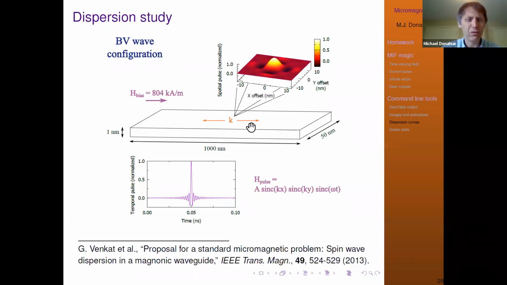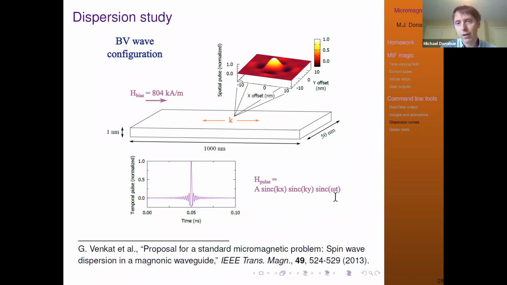They gridded it up into, I think, 2 nanometer cells in plane, 1 nanometer out of plane, so it's just 1 layer thick. They start in a relaxed condition, so they magnetize it along the long axis, the x-axis, and they relax and use that as the initial state, and then they apply a field. And the field they apply, this is the temporal signature, so it's a sinc pulse.